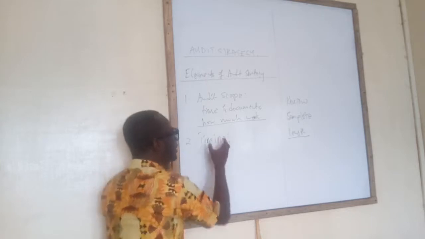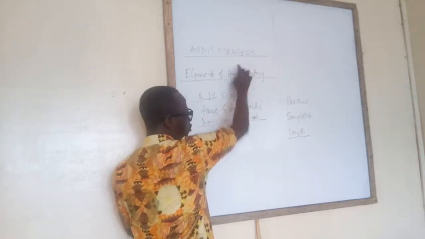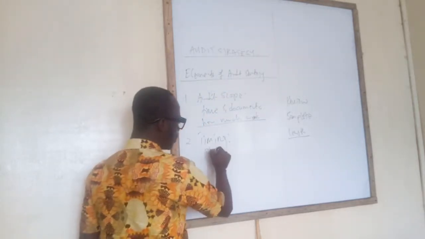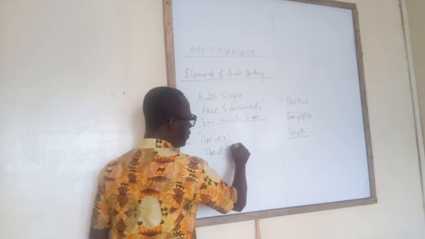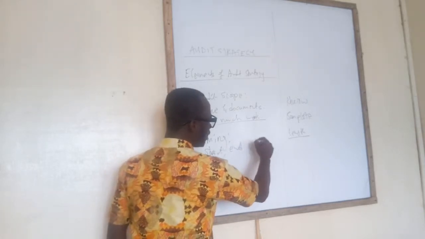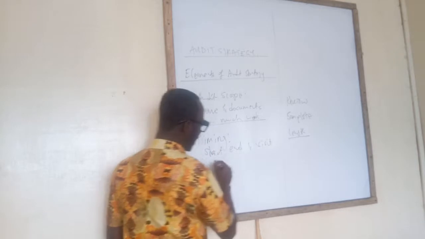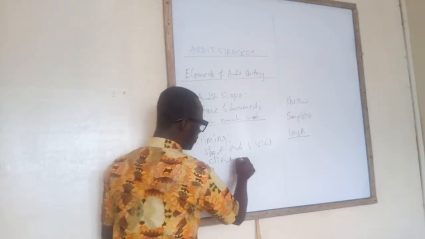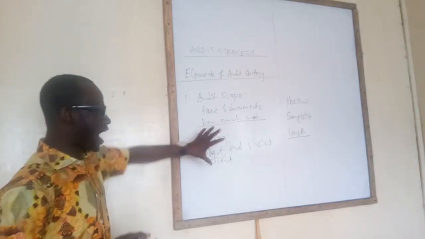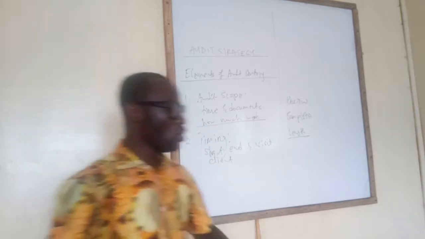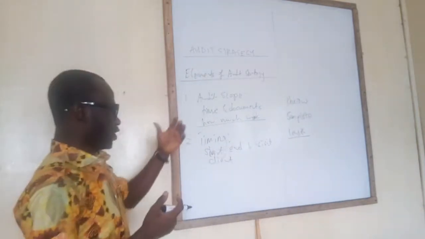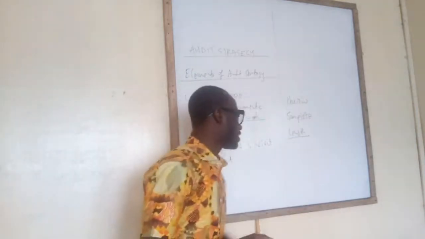So timing as an element of audit strategy has to do with when we're going to start the audit, when we're going to end the audit, and when we're going to visit the client's company. So that is the idea about timing here.